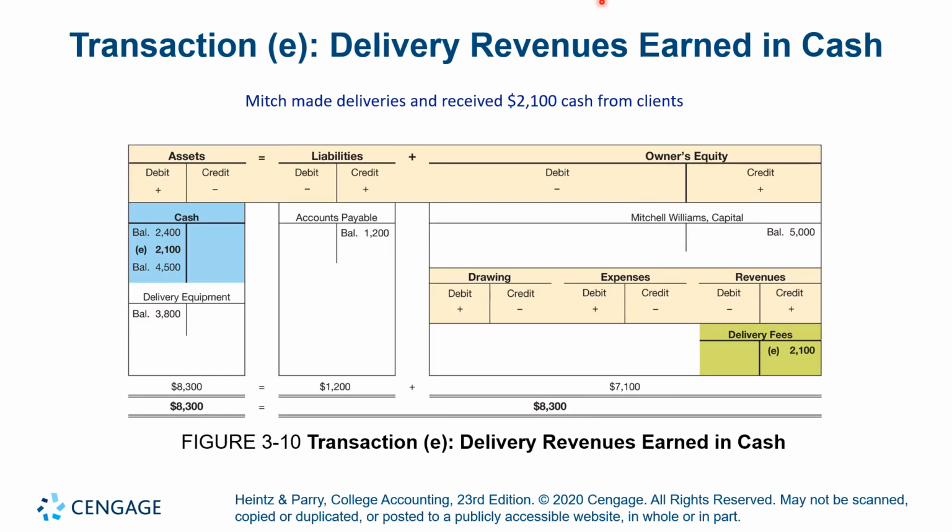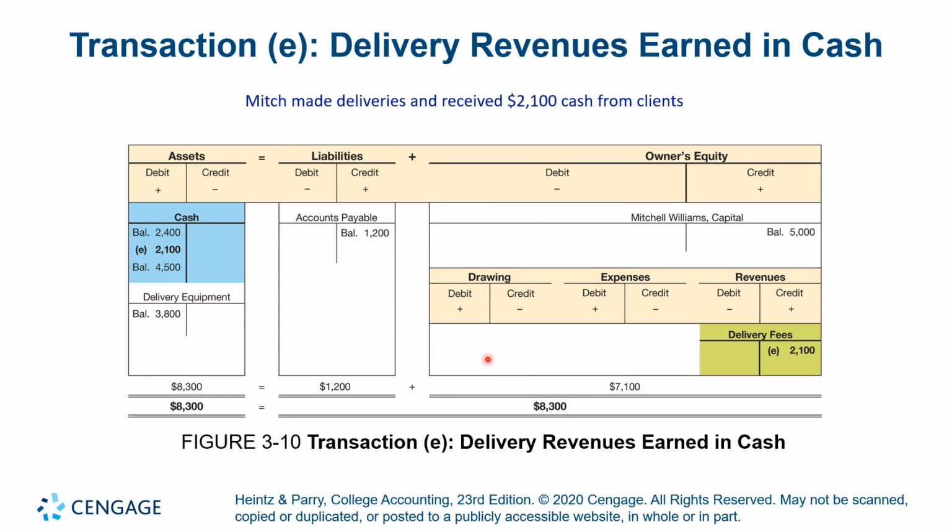All right, in transaction E, Mitch made deliveries and received $2,100 in cash from clients. Okay, so first and foremost, I know I'm seeing an increase in cash. So over here, my asset of cash, on the debit side, we're increasing by $2,100. That brings my new total to $4,500.